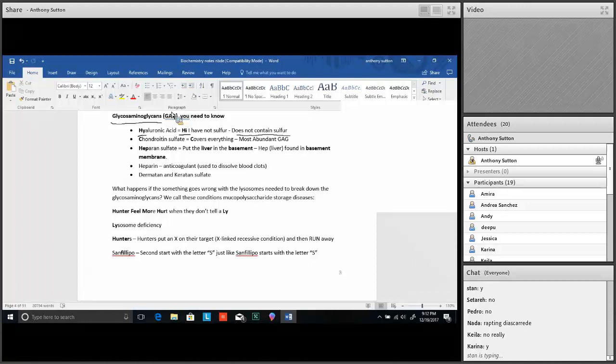Okay, chondroitin. You see the letter C in chondroitin? That C means it covers everything. So if it covers everything, that means it's the most abundant. Yes, that's right, Stan. That's correct. So chondroitin is the most abundant glycosaminoglycan. Everybody follow me there? That makes sense.